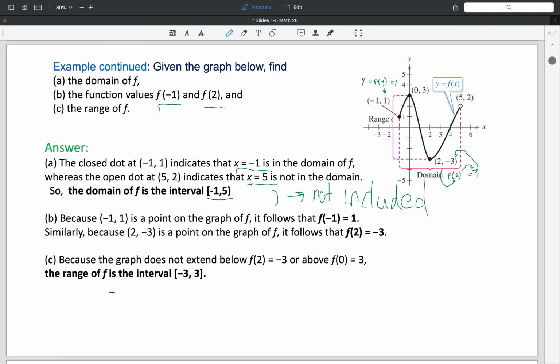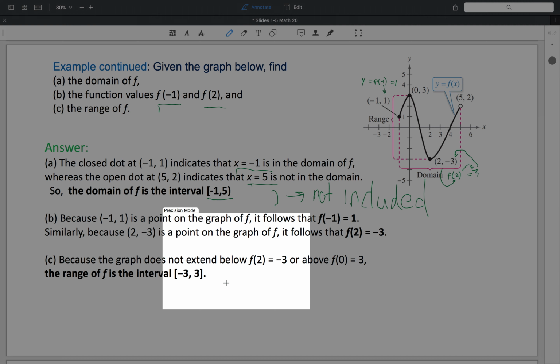So we have the answer to that over here, and then we want to find the range. It goes from y equals minus 3 to y equals 3 inclusive.